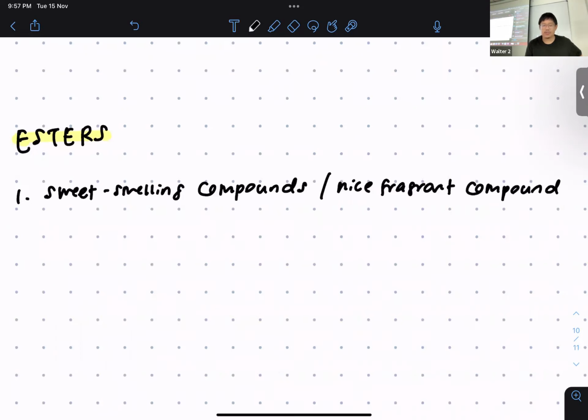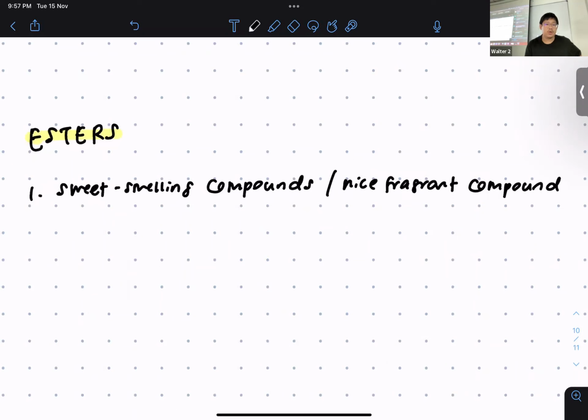Okay, nothing much to talk about besides knowing that they are formed through a combination of alcohol plus carboxylic acid. Different combinations will give you different types of esters.